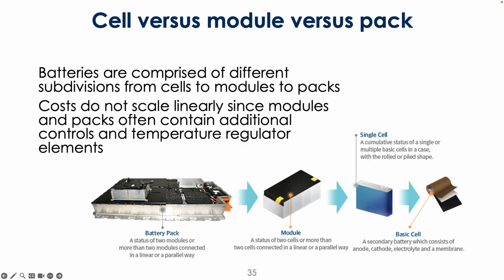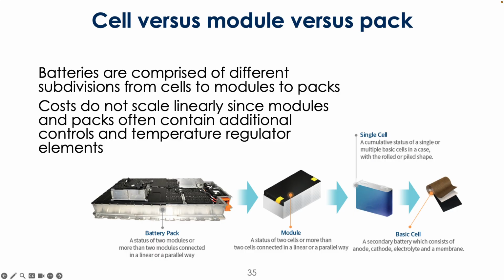If you have 10 cells in a module and 10 modules in a pack, just know that those costs don't necessarily scale linearly. The cost of a module may be more than 10 times the cost of the cell, even though it's 10 to 1, because you may have other components that increase the cost.